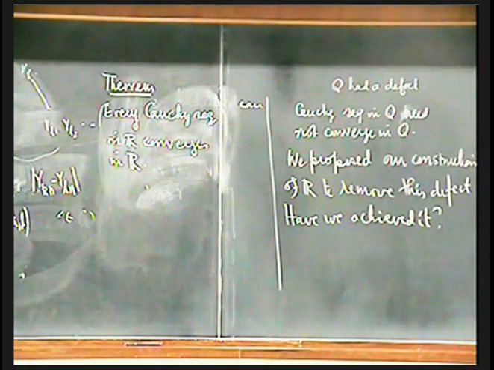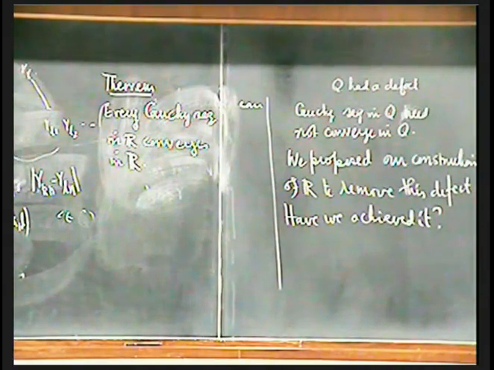So therefore, we have removed the defect. If we prove this theorem, because I am not going to prove this theorem, but this theorem will tell us that we have indeed removed the defect that we really wanted to remove. So no longer do Cauchy sequences have problems. Cauchy sequences will definitely converge.